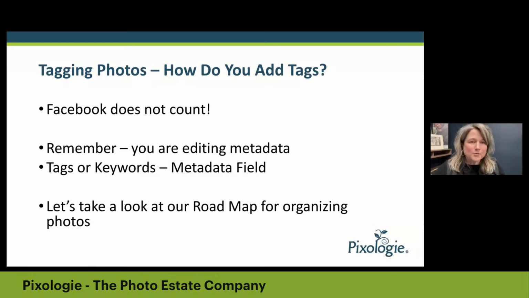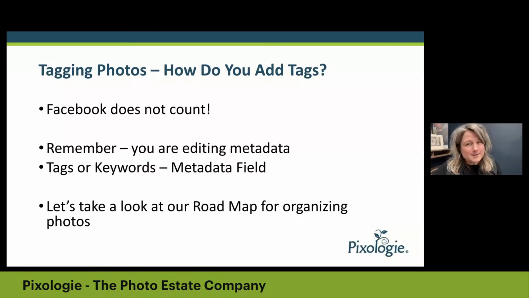Some programs and computers, like Mac and Apple Photos, call tags keywords. So you might see the term tags or keywords. This is a metadata field, and when we are editing our photos' metadata, we're working with our pictures on a pretty deep level. This is where we identify people and maybe tell the stories.